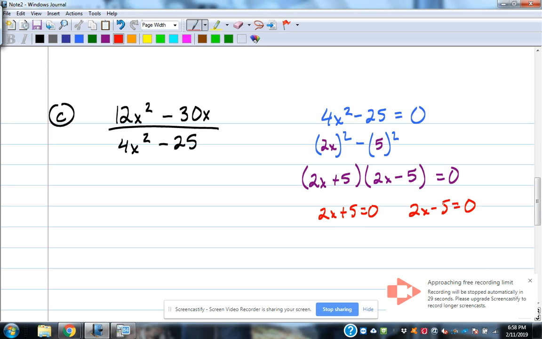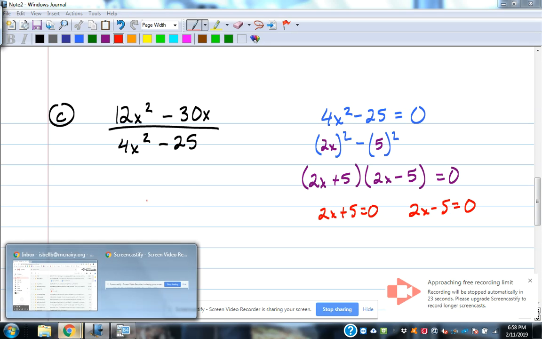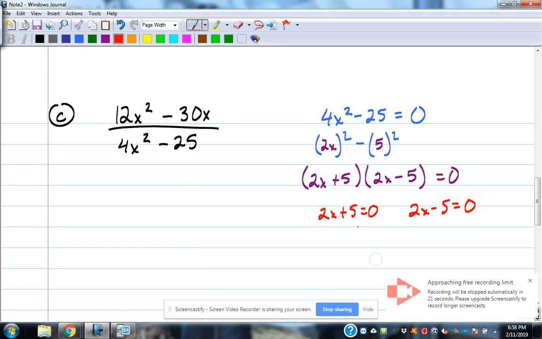Subtract 5. So that'd be x is equal to negative 5 over 2, positive 5 over 2.